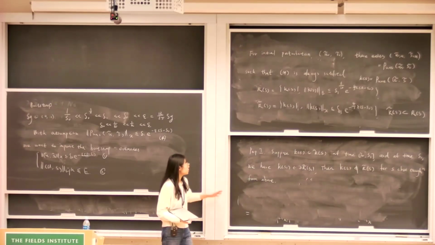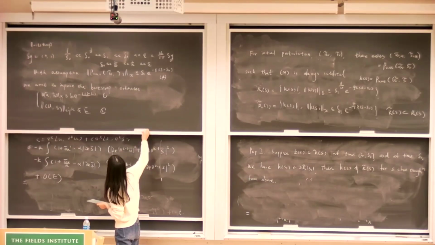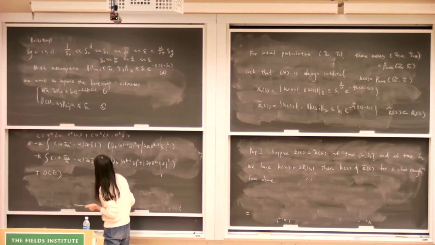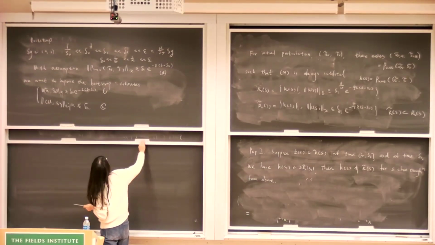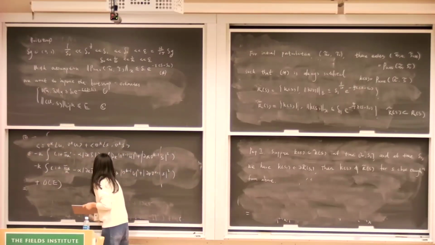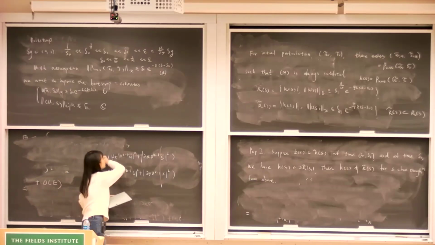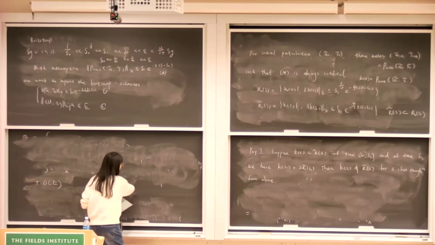So for this one, the thing to use is our linearized arguments and the bootstrap assumptions. If you remember, the linearized arguments tell you the unstable modes are growing.